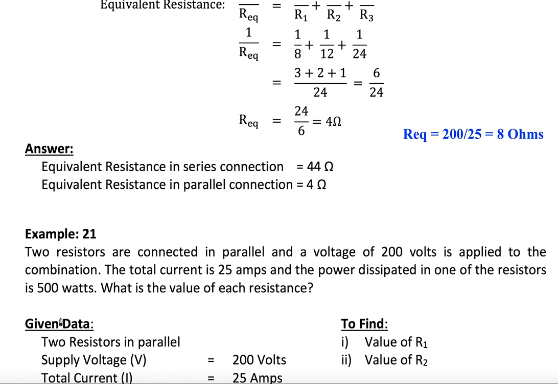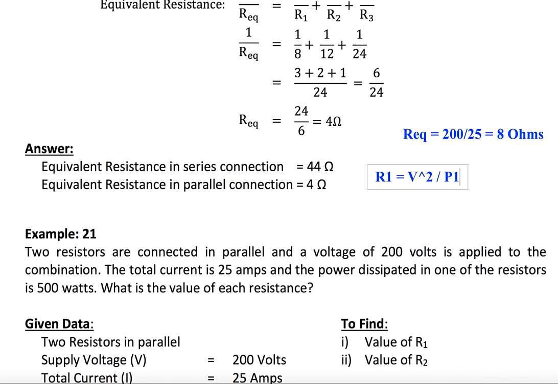Power dissipated in one of the resistors is 500. That's good. Let me call that resistor R1. We haven't named those resistors, right? So I'm naming that one as R1.